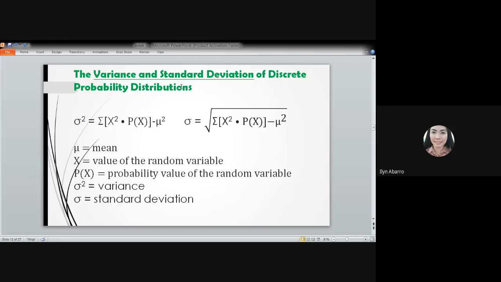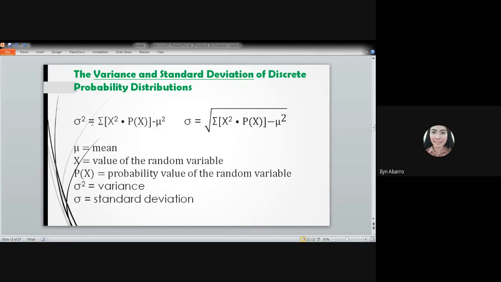So, for us to compute for the standard deviation, we need to solve first for the variance. Okay? So, let us see. This is our formula for the variance, yung sigma squared. This is also another Greek symbol, sigma. This is the symbol for variance.